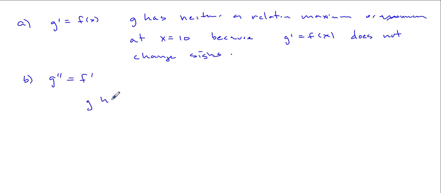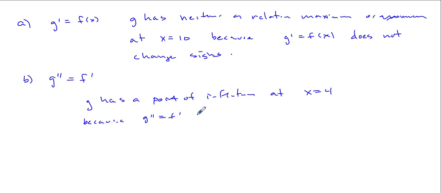g has a point of inflection at x equals 4 because g double prime, which equals f prime, changes signs at x equals 4, which means g changes concavity.